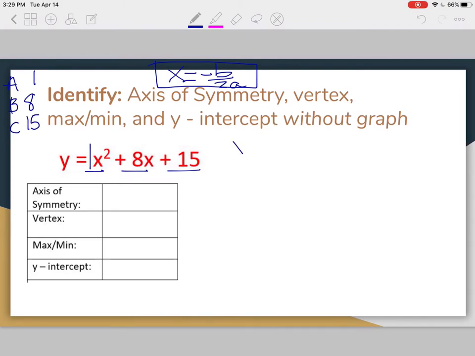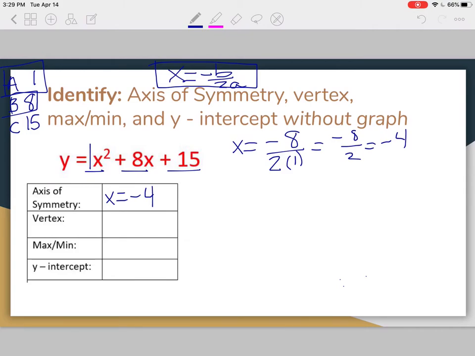I'm going to start with x equals, it says -b, so I'm going to write my negative sign, my b is 8, all over the 2, which is always there, times my a value of 1. 2 times 1 we know is still 2. Divide these out and I'll get negative 4. So my axis of symmetry is x equals negative 4.